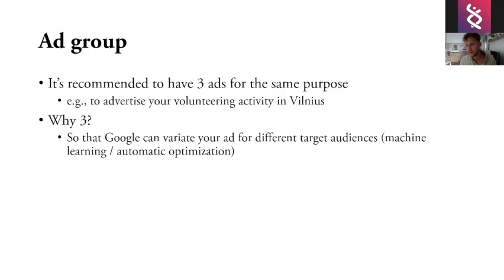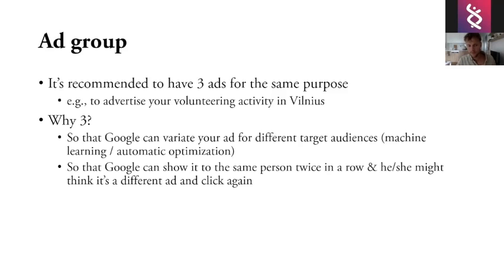So if you have different target groups, perhaps for younger people it is going to show ad 1, for middle-aged people ad 3, for elderly ad 2, or like males and females. Different ads might work differently for different target groups. That's why Google prefers when your ad group for the same purpose has more than 1 ad.